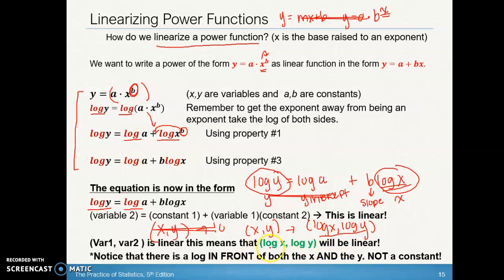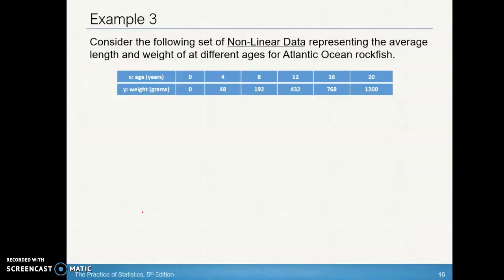Now notice the difference here from the exponential one: you had to take the log of x and the log of y. How I remember this is, a power function, I had to do more powerful things. I had to take the log of x and I had to take the log of y. Therefore, it started out as a power function and not an exponential function.